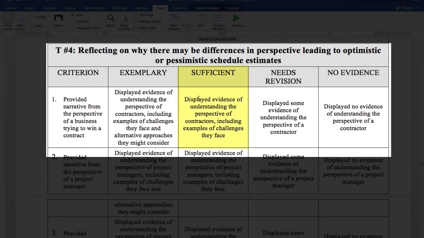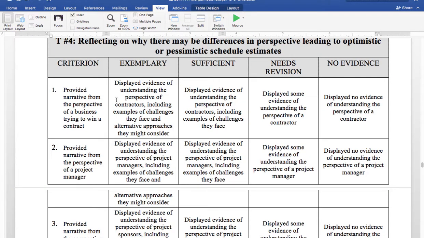And then sufficient, which is displayed evidence of understanding of the perspective of contractors, including examples of the challenges they might face. And then exemplary, which is displayed evidence of understanding of the perspective of contractors, including examples of challenges they face and alternative approaches that they might consider. So each one of those is incrementally deeper understanding of the particular criteria.